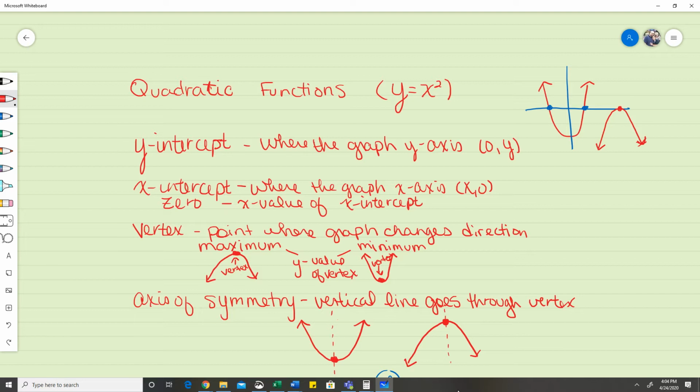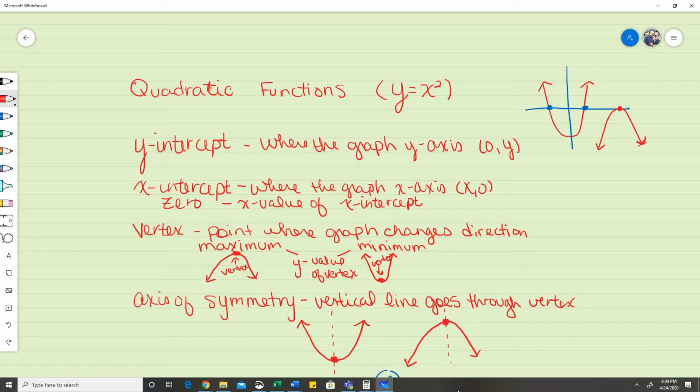Your zero is the x value of your x-intercept. So again, you could have 2, you could have 1, or you could have none. It just depends on where your parabola falls on your coordinate grid. Your vertex is that point where it changes direction. So you can have a maximum if your vertex is up at the top. Okay.